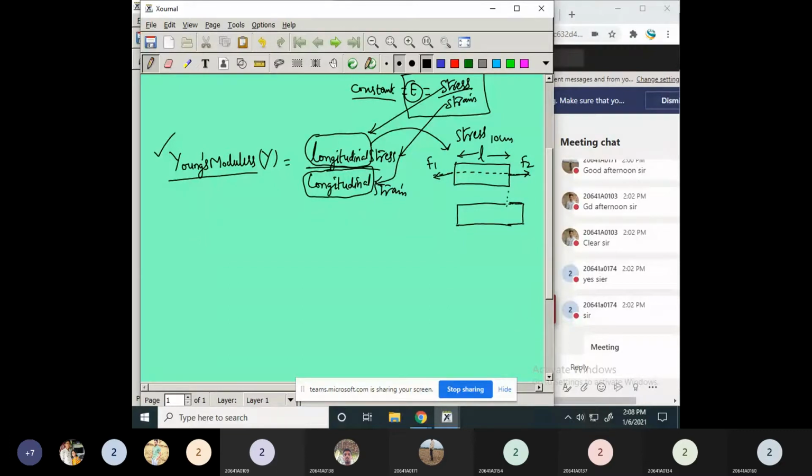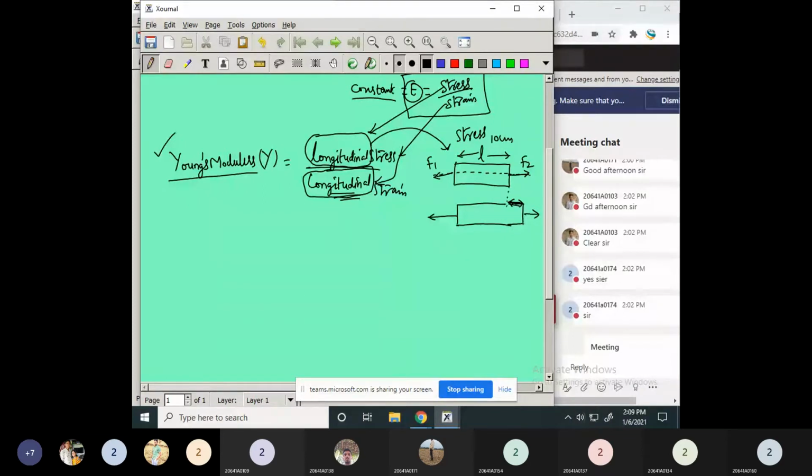And in which direction is it moving here? It is moving in this direction. Whatever the force direction is, towards that only you are having the change. So the change or the strain is again longitudinal. That is the reason we consider this as a longitudinal strain.